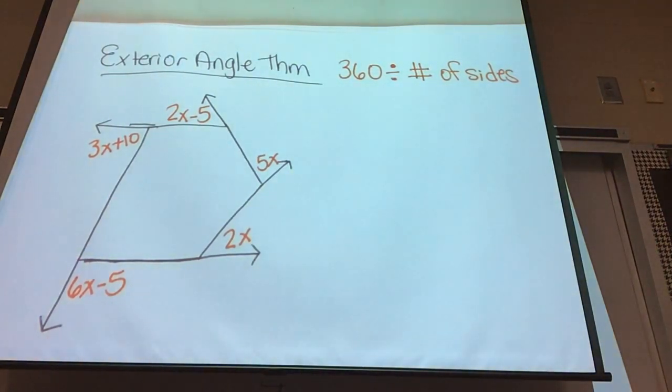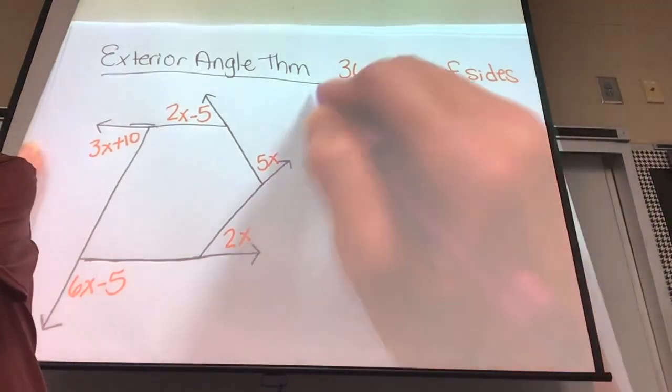The reason is this: the sum of the exterior angles of a convex polygon is 360. So let me put that on here.